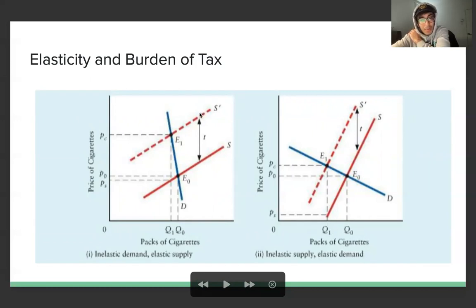by the tax amount. And then we can see how the burden is split on the price axis here. Initially the equilibrium was E0, and then the new equilibrium is E1. The gap between the two supply curves is the tax.